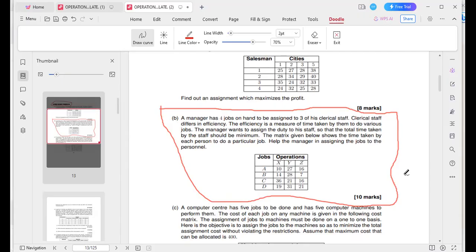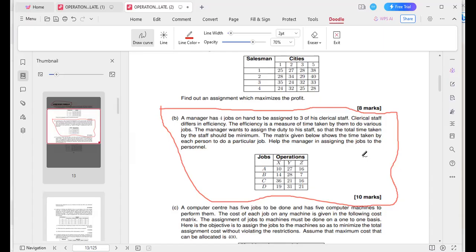Those are the entries in the table. So it says this manager has 4 jobs to be assigned to 3 clerical staff. Clerical staff differs in efficiency.